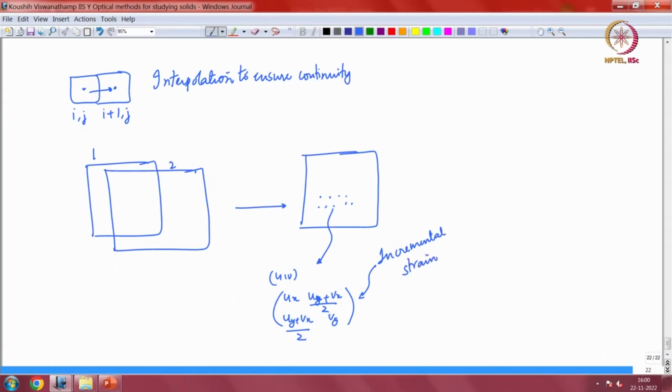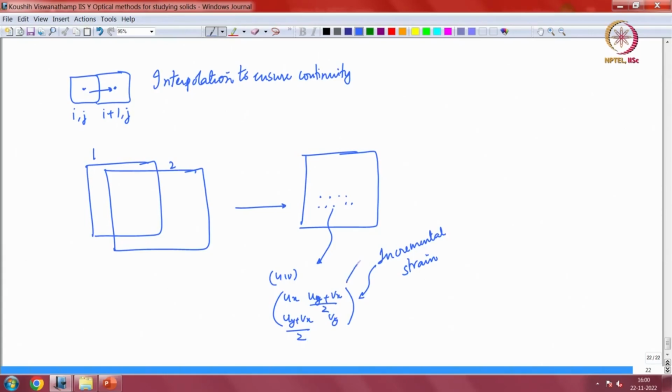So, you are actually using another image every time to be the reference configuration or the undeformed configuration as you compute the strain. So, it really is the strain between two frames or between those two successive images. It is not the strain from the original undeformed configuration to the present time, right.